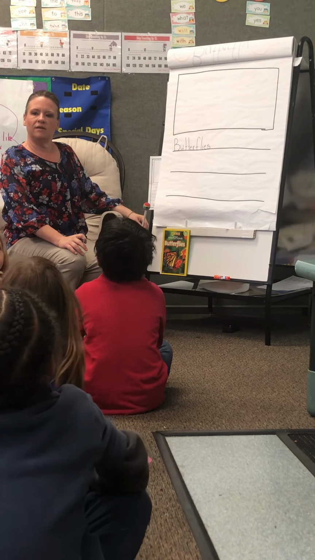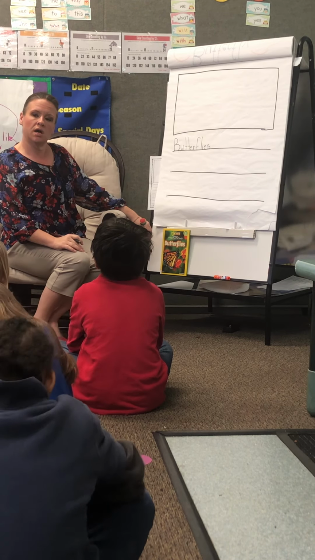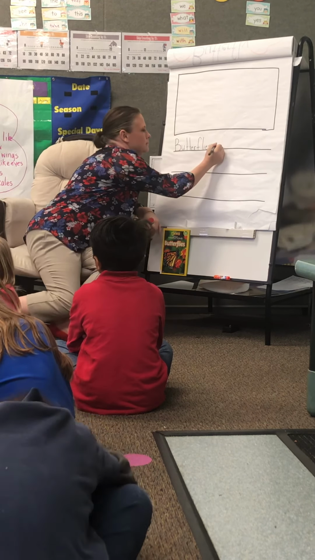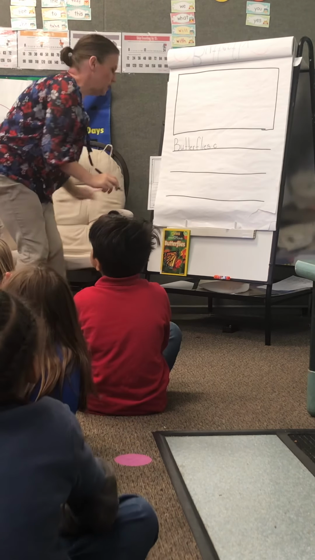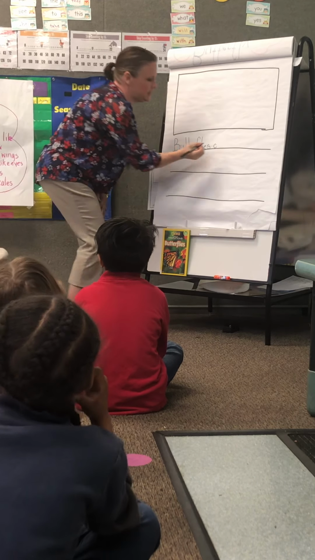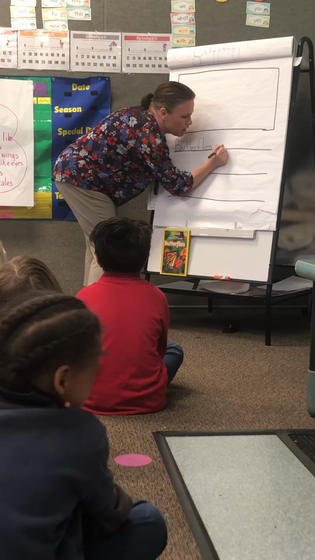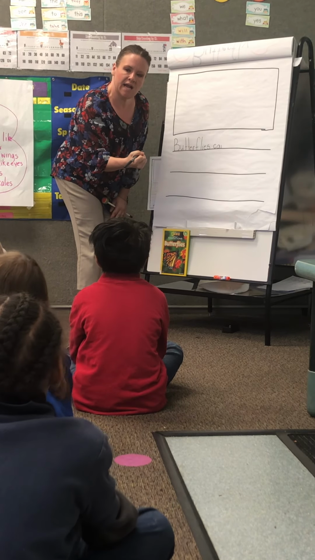Let's write this sound. Jamal, C. What's next? Oh, A. I'm going to move this chair so that I can stand up. And then what's next? What's the last sound? N. Can.